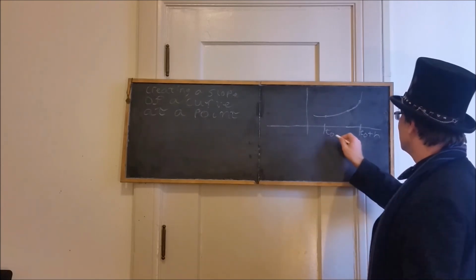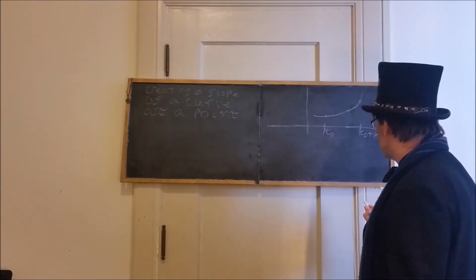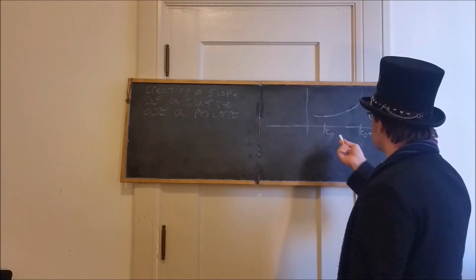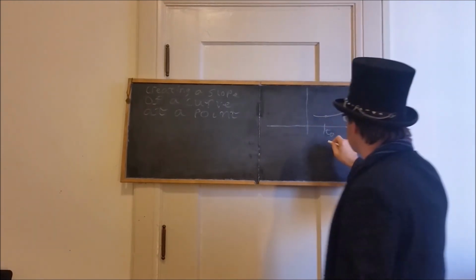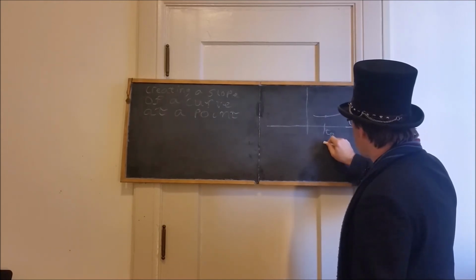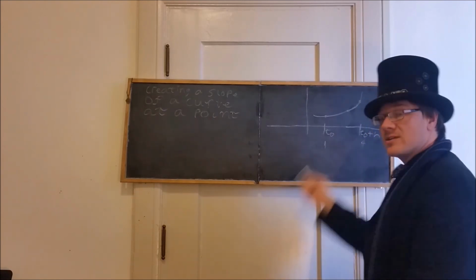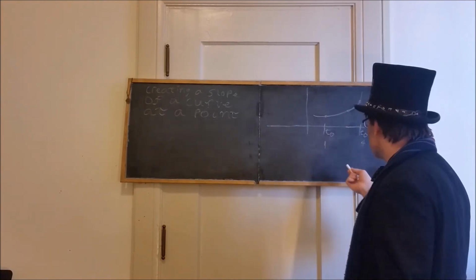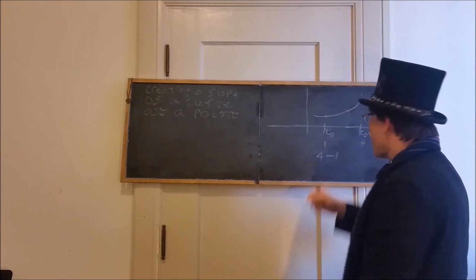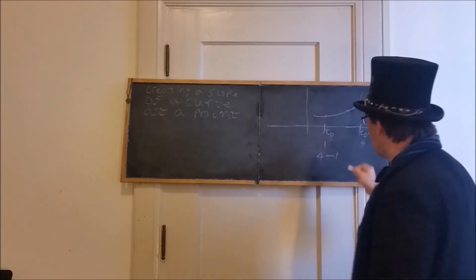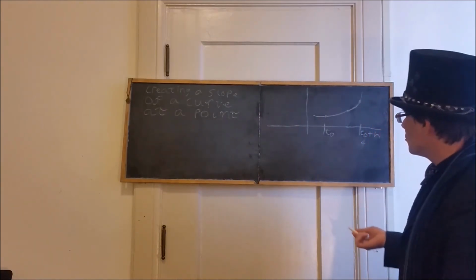So, to get the distance between these 2 points, what you would want to do is simply subtract. If you have, let's say, a 1 and a 4, and you wanted to know the distance between these 2 quantities, you would simply subtract 4 minus 1, and that would be 3, obviously. But we're not dealing with numbers, we're dealing with variables.